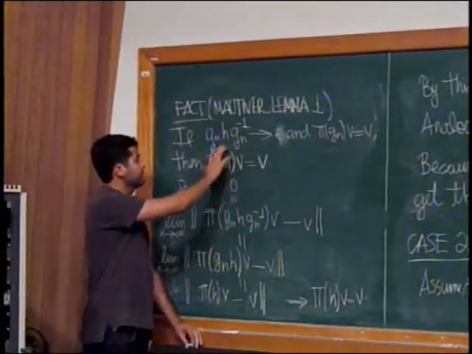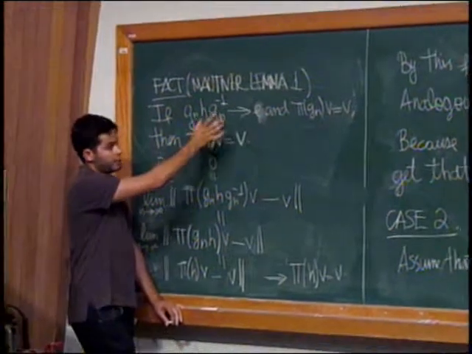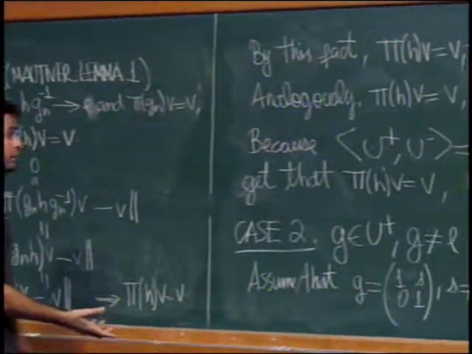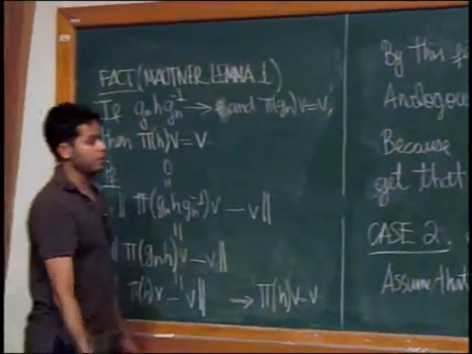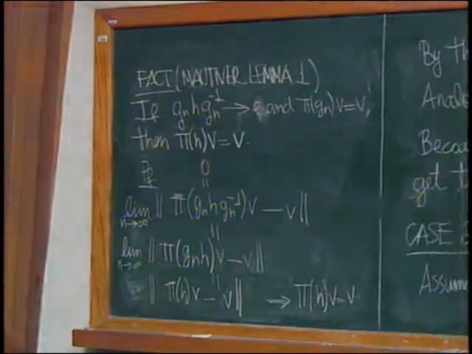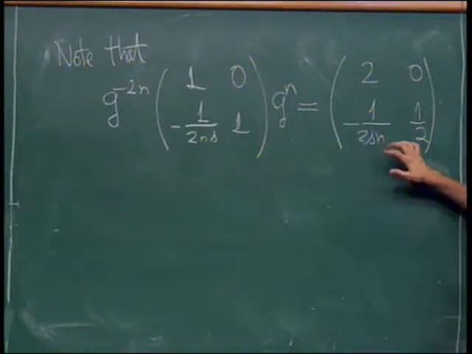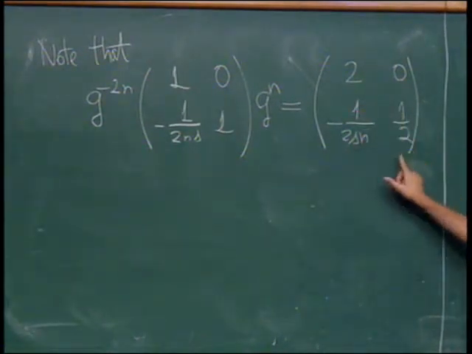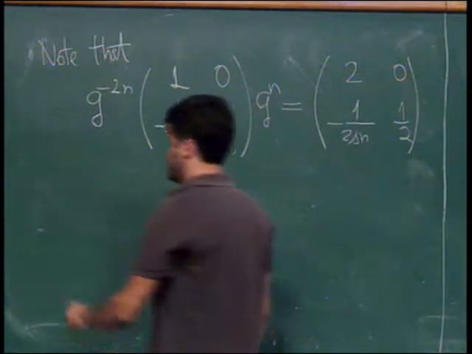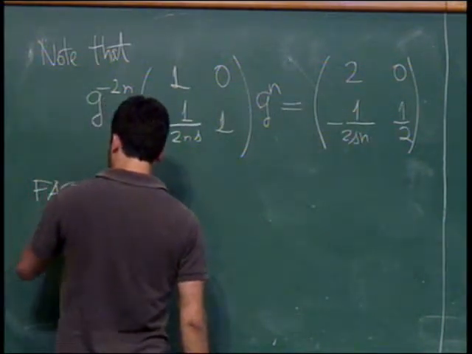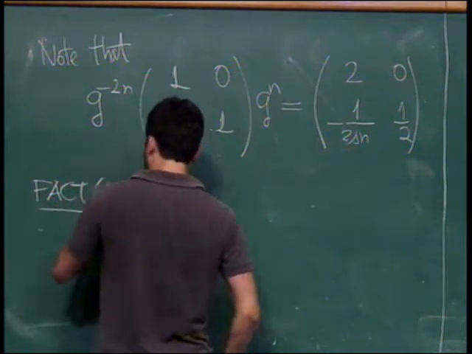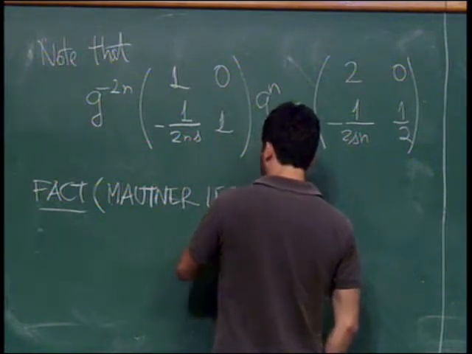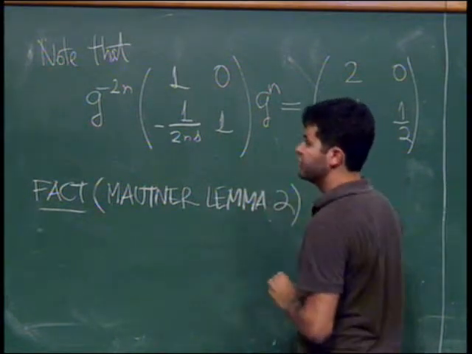The difference is that it is not a conjugation. On the left side you have G to the minus 2n, on the right side you have G to the n. In the middle, you have something which is actually converging to the identity. But the good thing is that on the right-hand side, you have something converging to an element of A, the diagonal matrix 2, 0, 0, 1/2. So, if we succeed in proving a fact similar to Mautner lemma 1, which I'm going to call Mautner lemma 2, which is the following.